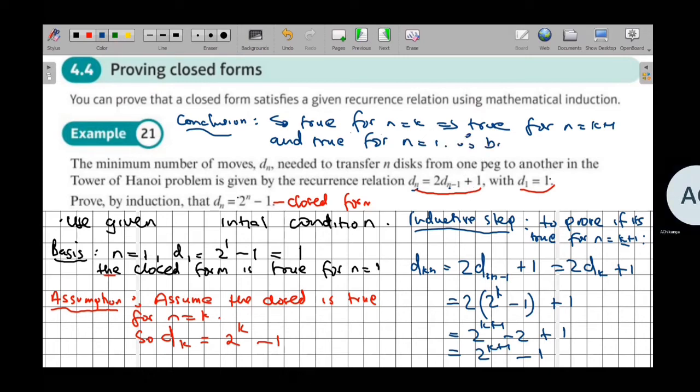Therefore, by induction, the closed form, this is how you write it. The closed form dn equals 2 to the power of n minus 1 is true for all n an element of the natural numbers. N now is not an integer in this case because n is referring to position.